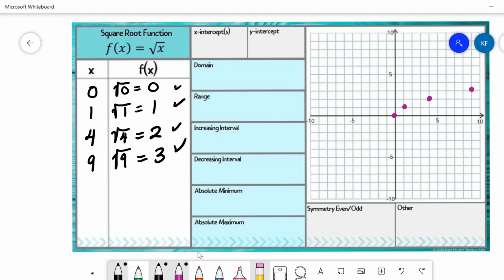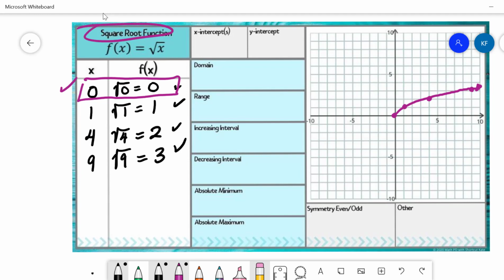And when I connect the points, I get this nice smooth graph starting at 0, 0, and that's because, again, 0, 0 is defined. I like to think it kind of looks like a rocket being launched, but don't call it a rocket, because really the name of this is the square root function.